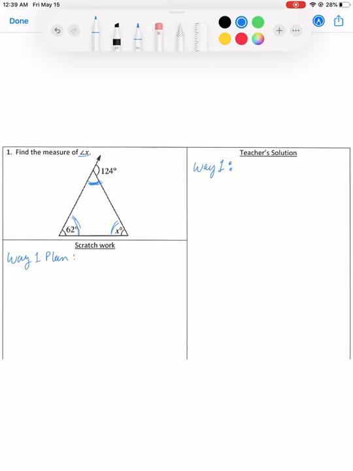Now, I don't know what this angle is right now, so I'm going to name it and call it angle A. It's right here. Okay.